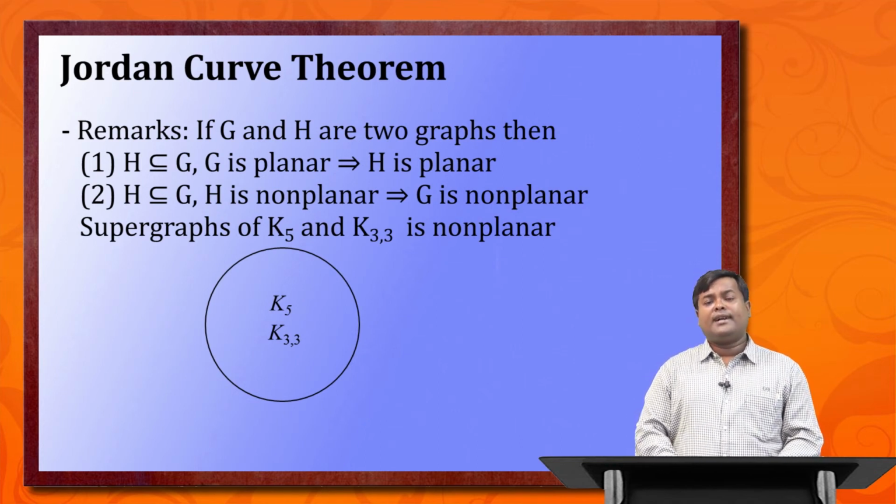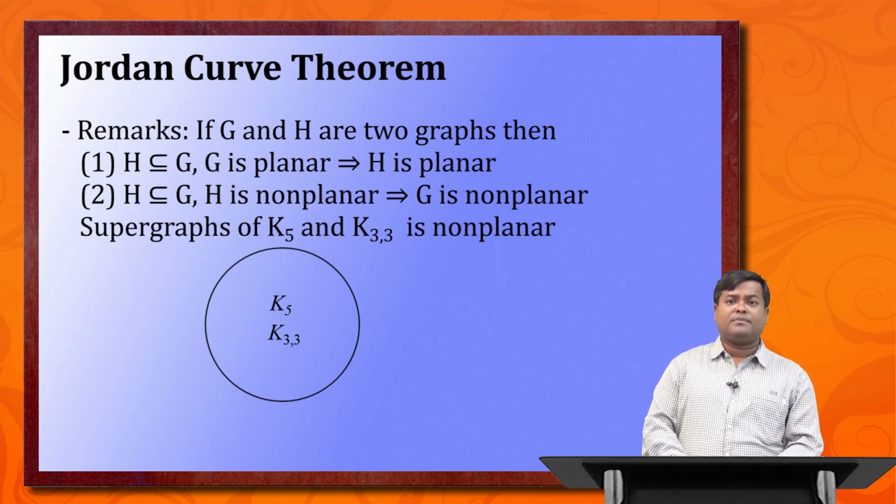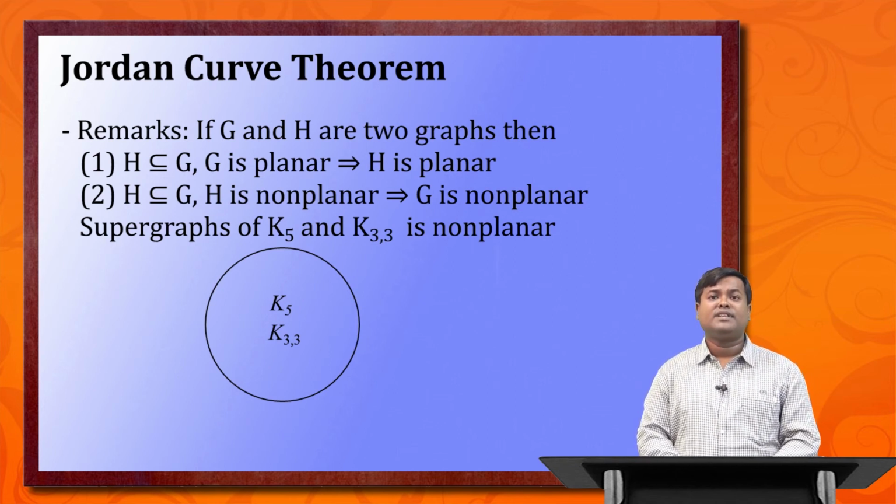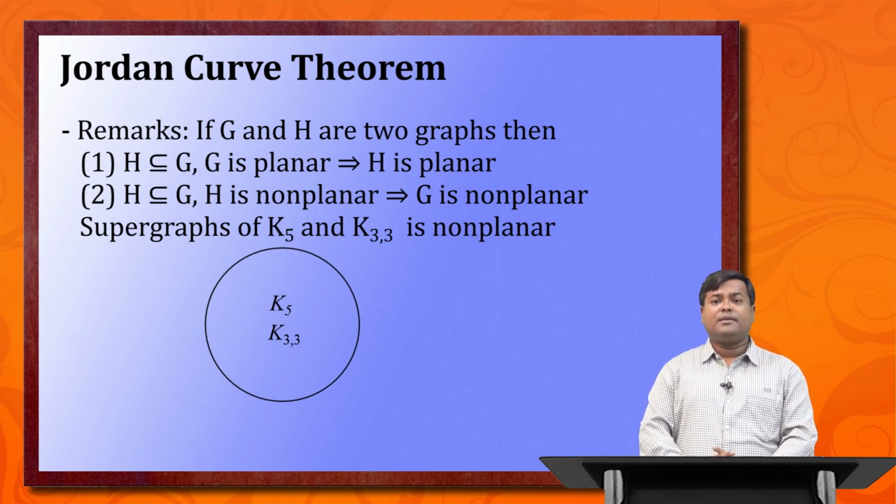Therefore, we have already proved that K5 and K33 are non-planar. So any supergraph of K5 and K33 is also non-planar using remark 2. We have drawn a particular Venn diagram which is basically a superset of K5 and K33.